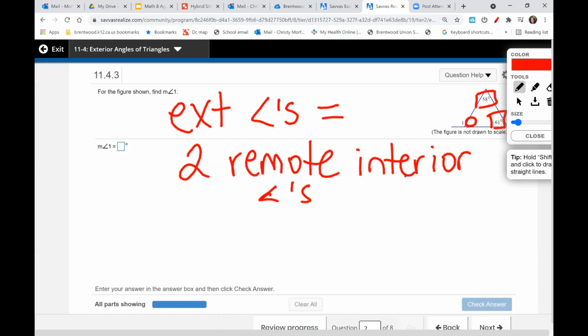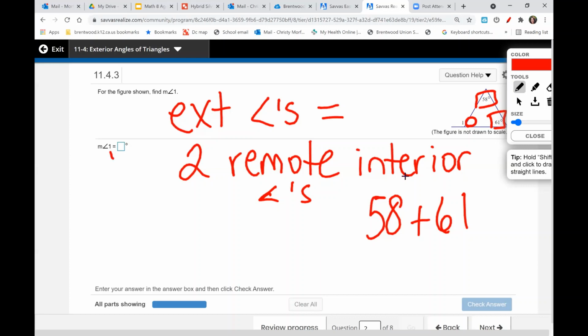So today, you're not working with the 180 degrees like you did last time. You are just adding up the two angles that are farthest away from the angle you're looking for. So this particular problem on your calculator, you would hit 58 plus 61. Simple. You're just adding the two remote interior angles.